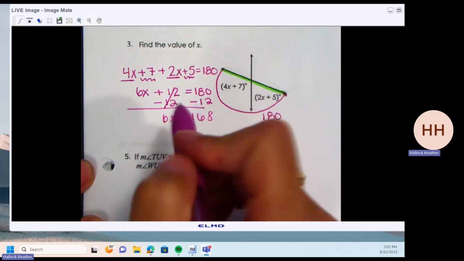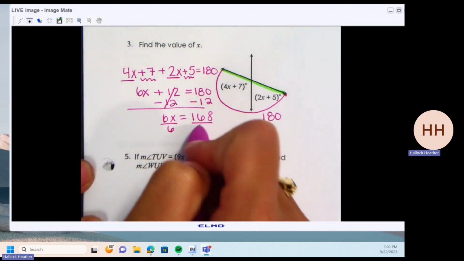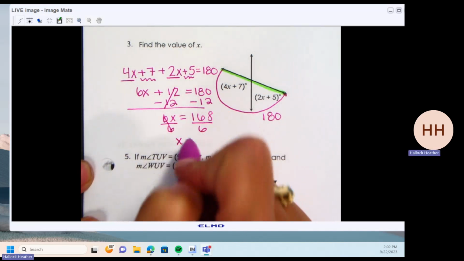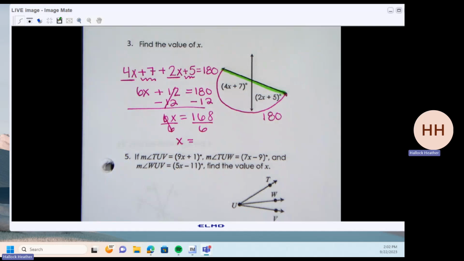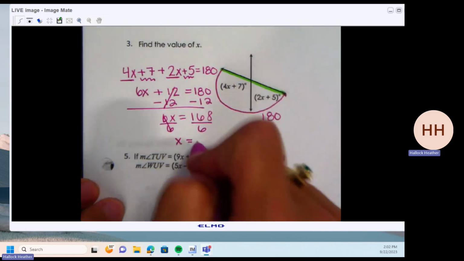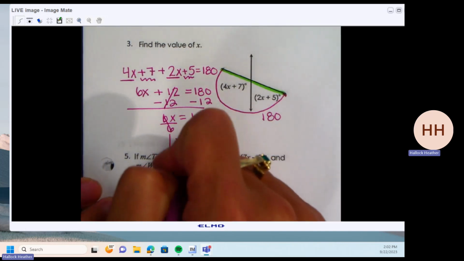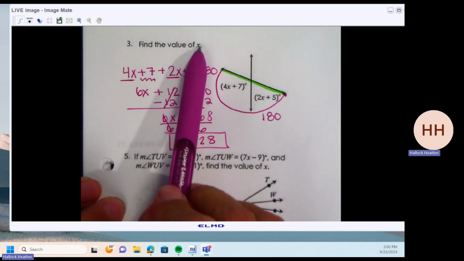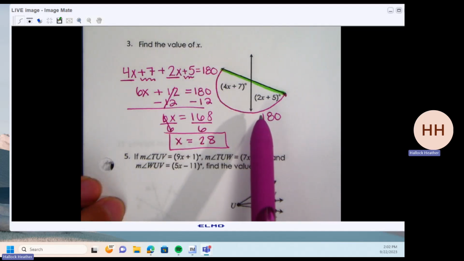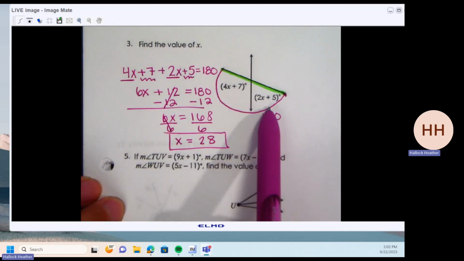And then I'm going to divide by 6 to both sides. So x equals, I should be using a calculator. Okay, x is 28. If it said plug back in or find the angle measure, I would have to substitute it back in. But in this case, I just need x. So I'm done with that one.